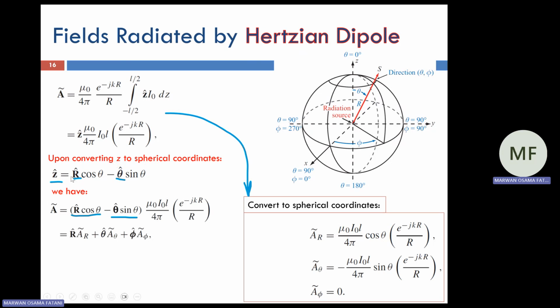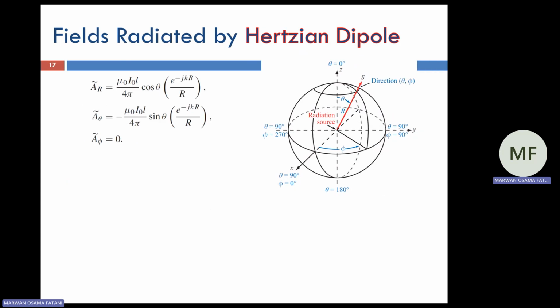So our z hat becomes r hat cos theta minus theta hat sine theta. And once we plug that back into this formula up here, we can get our answer in the x, y, z coordinates.